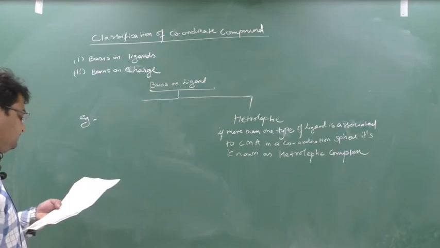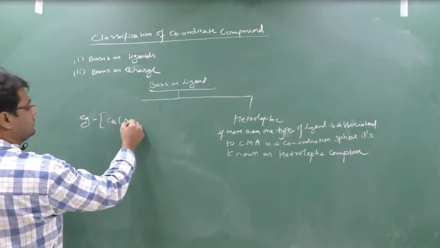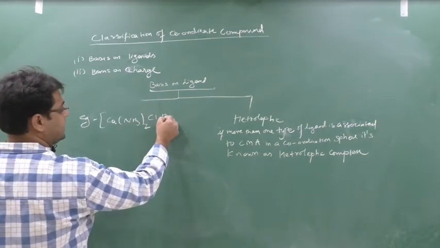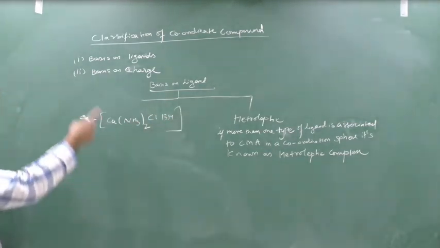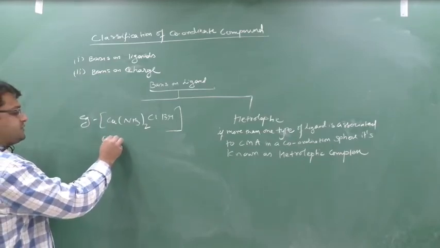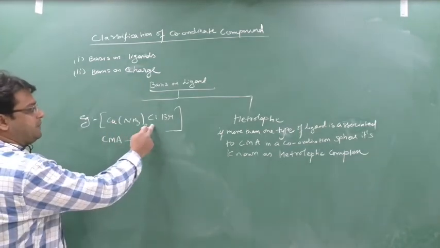Cu(NH3)2ClBr. See, this is one coordination sphere. Yes or no? See, the central metal atom is which? The central metal atom is copper. See the type of ligand. There is more than one type of ligand.